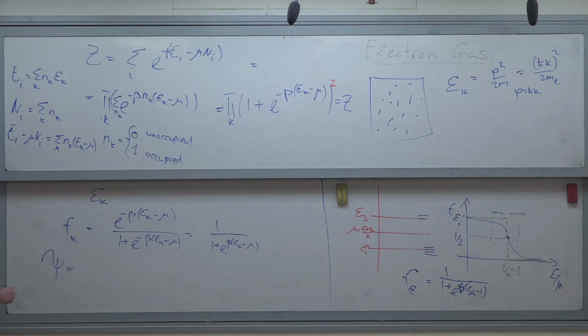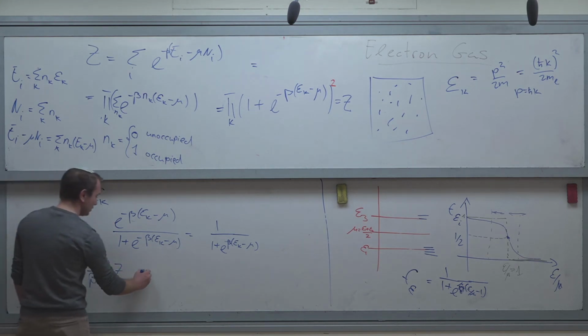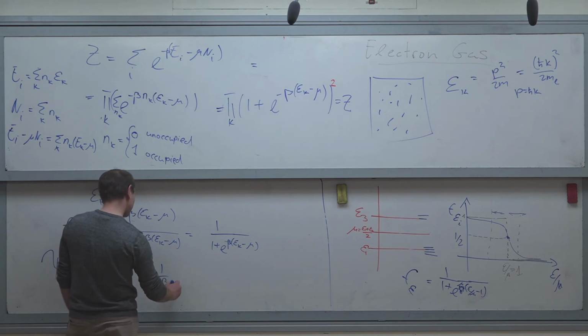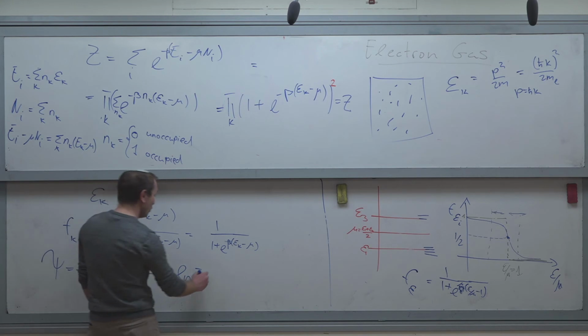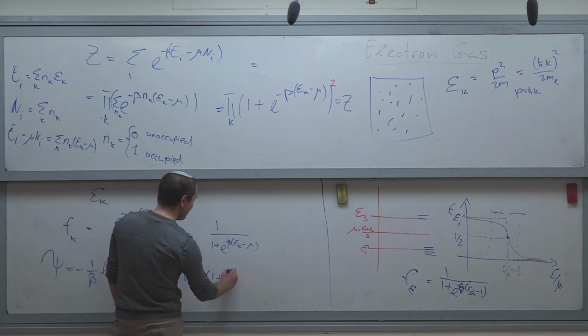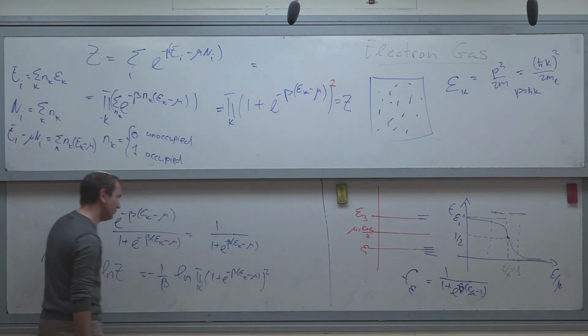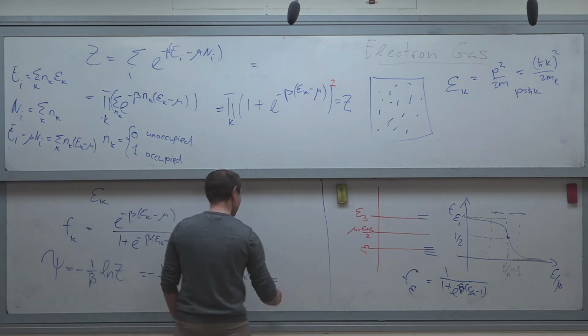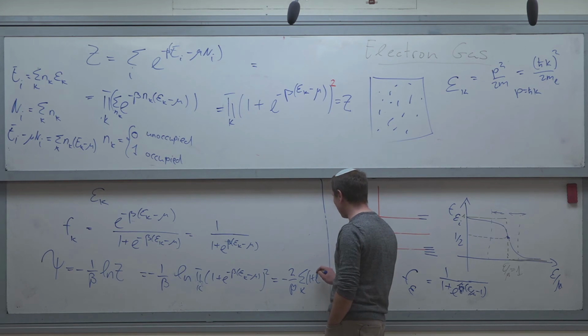Psi equals -1 over beta log of Z. So it equals -1 over beta sum over k of a log of the product over k of 1 plus e to the power minus beta (epsilon k minus mu), all of this to the power 2, which equals minus 2 divided by beta, summation over k of log of 1 plus e to the power minus beta (epsilon k minus mu).